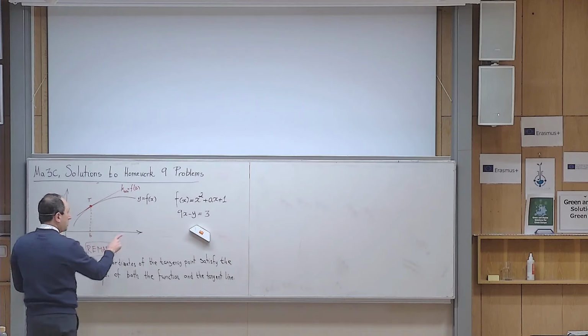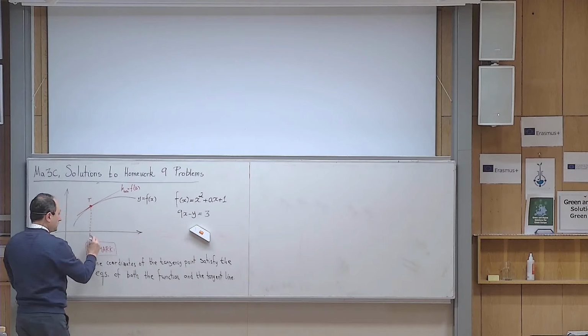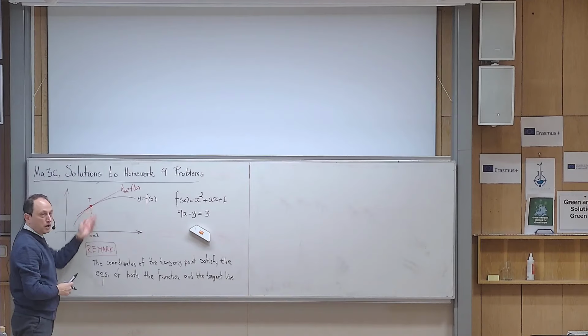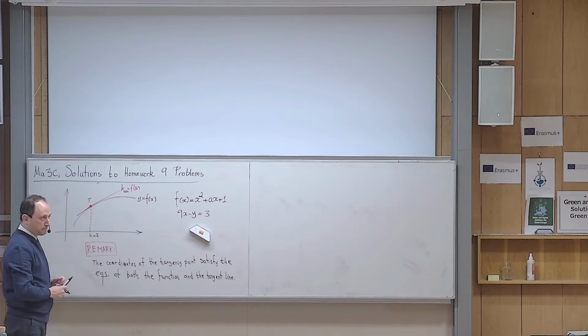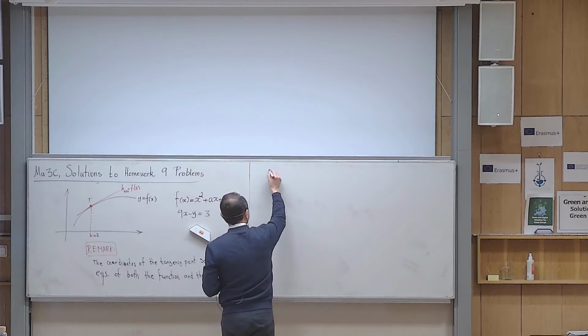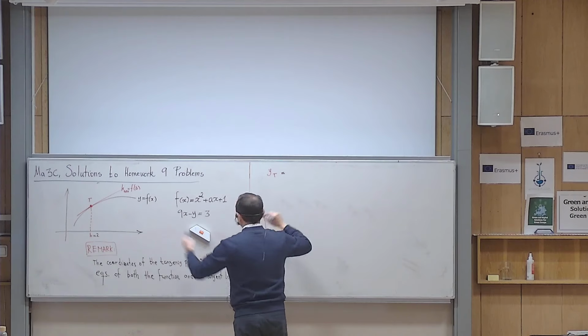And in this problem, what was the x-coordinate? This x-coordinate was given to me from the beginning. So now I want to find the y-coordinate of this point T. I can use both of them to find the y-coordinate. So I would say that the y-coordinate of the point of tangency is equal to f of 2.